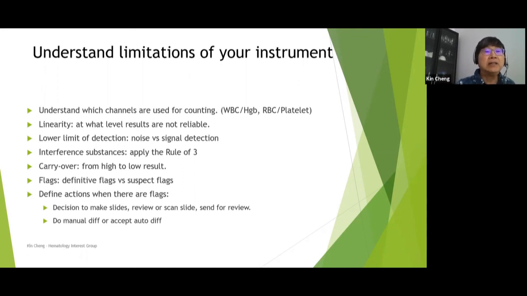You have to understand why, and you have to understand the limitations before you put the instrument to use, right? Otherwise, if you don't know what the interfering substances are, then when there is a high white blood cell count, what is the limit of detection? What is the low limit? What is the high limit of detection? You have to know all of these things.